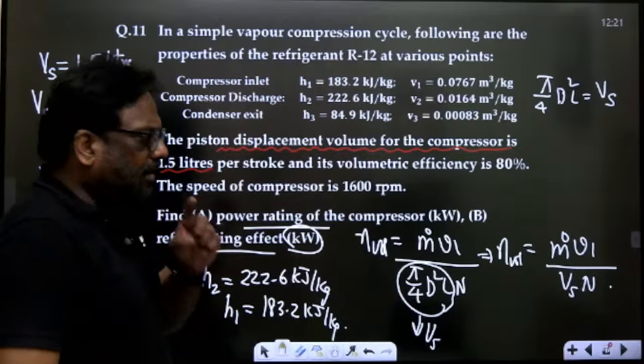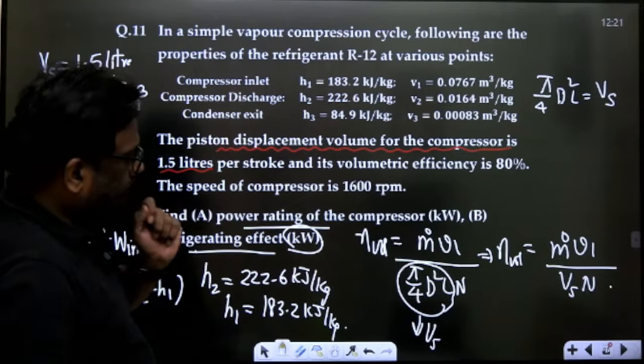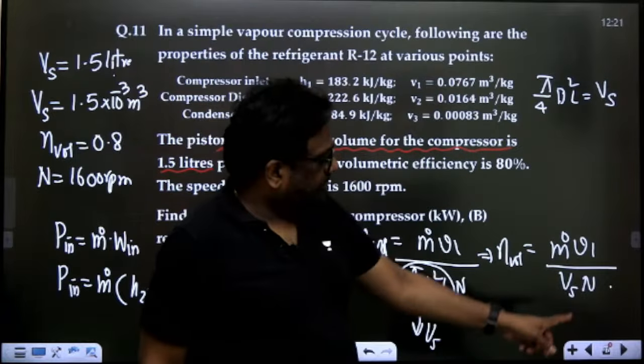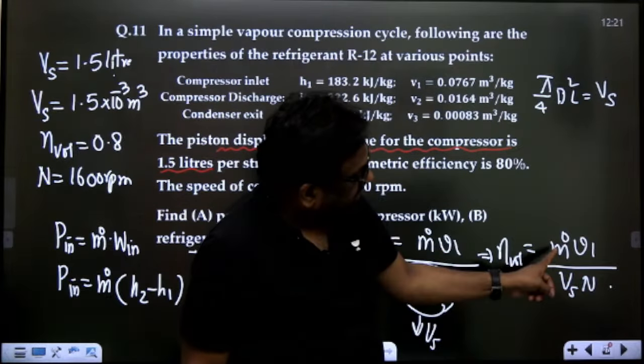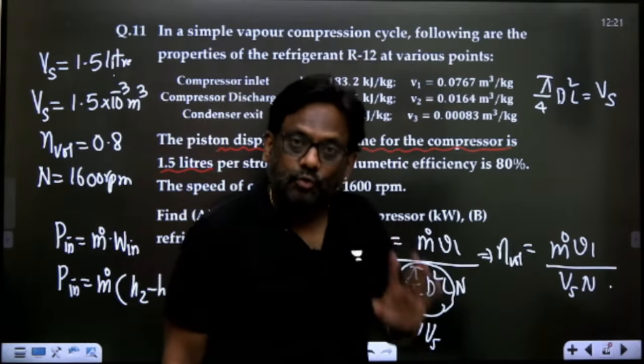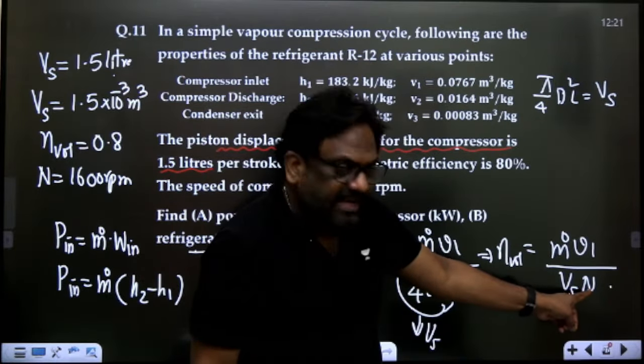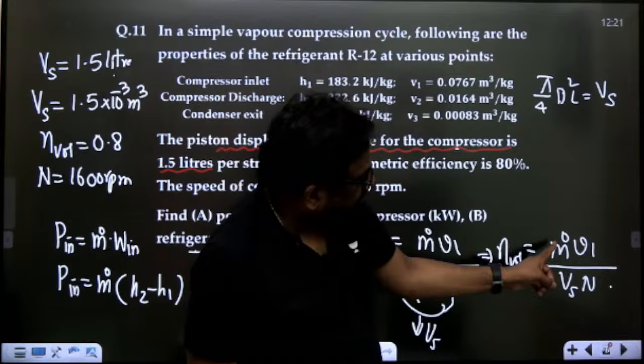Excellent, sir. And one more thing, my dear friends, if I keep rotation per minute, m dot will be kg per minute. Again I am telling, n is already in rpm, rotation per minute, so this will be per minute.